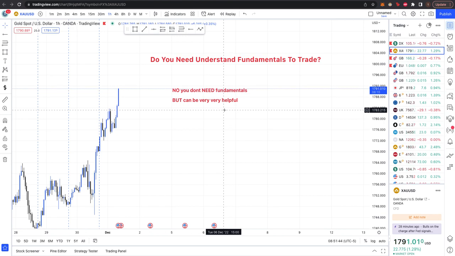But in my opinion, the way I trade, fundamental analysis is exceptionally useful. And it's really one of the factors. There's a number of factors that took my trading from relatively profitable to a lot more profitable. And one of those factors was deciding, you know what, I'm going to pull on every single lever I can.